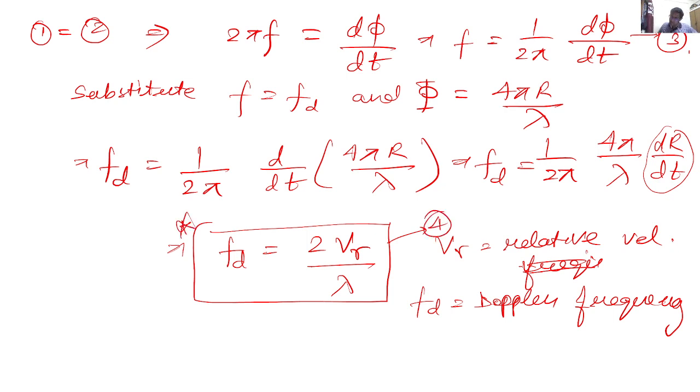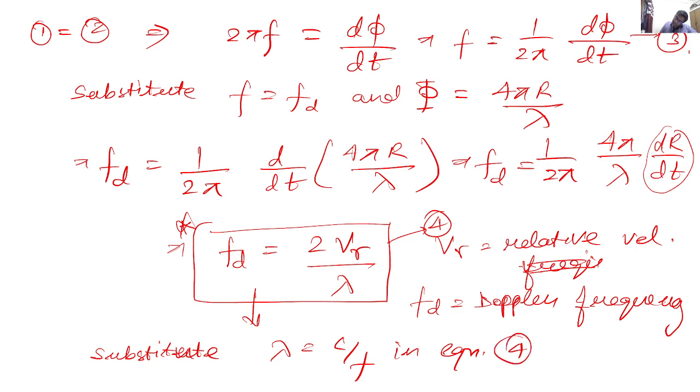Okay, now let's do something more to this equation. Let's just substitute lambda equal to c by f in equation 4. So what do we get out of it? Let's check.